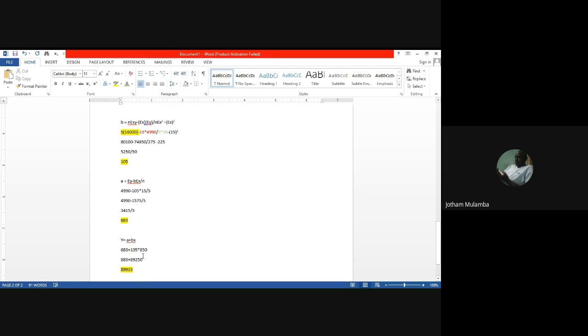That's how we estimate cost using the regression model.